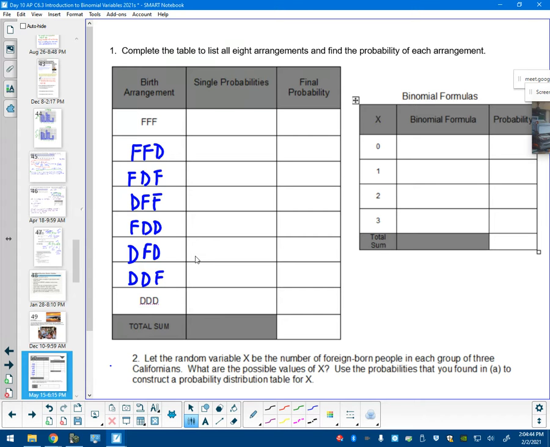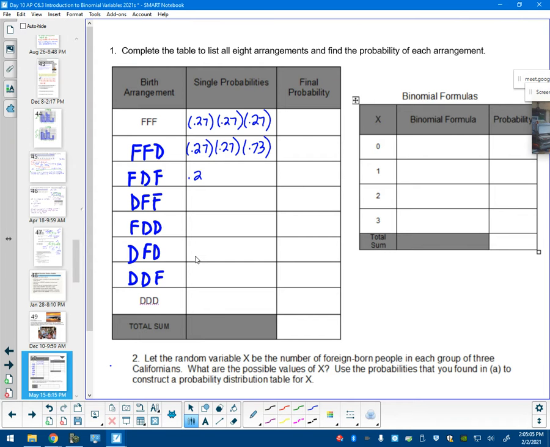If foreign-born is 0.27, the top one is 0.27 times itself 3 times. What's 1 minus 0.27? 0.73. So this one is going to be 0.27 times 0.27 times 0.73.